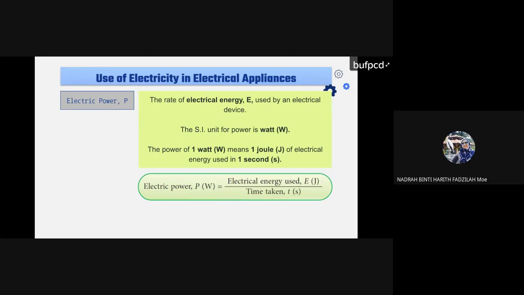Therefore, this is the formula lah. The electrical energy used divided by time taken in seconds. So if the time taken given is in the form of hour ke minute ke, you have to convert it to second. Then you can use the formula.